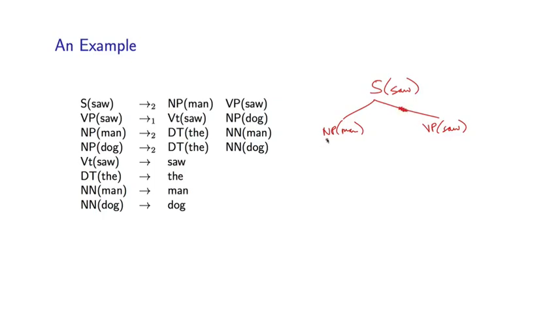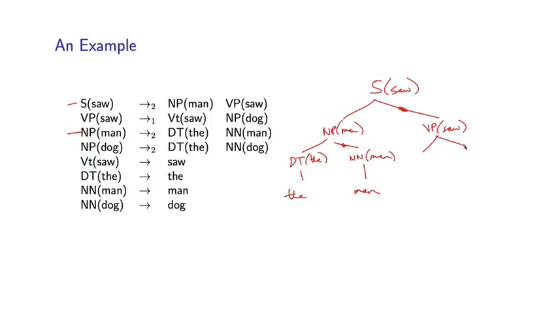This is the head of the phrase. And then NP_man could go to DT_there, NN_man, for example. So I've used this rule, and now I'm using this rule. Again, let's mark the head. And then we have there, man, and we could go on and on.